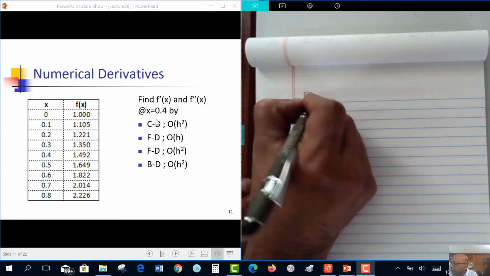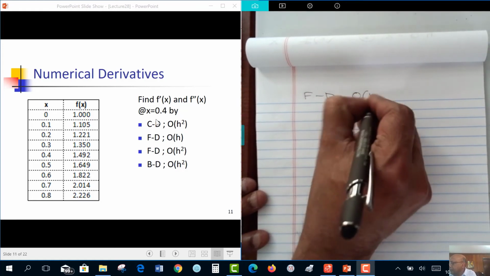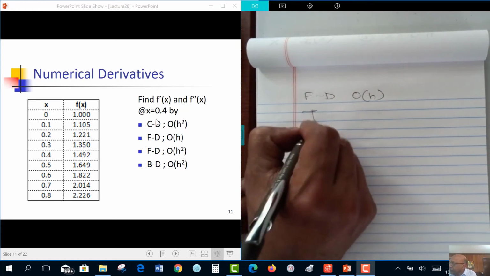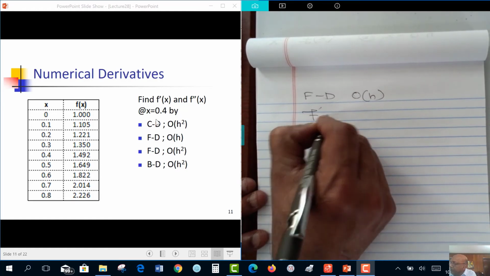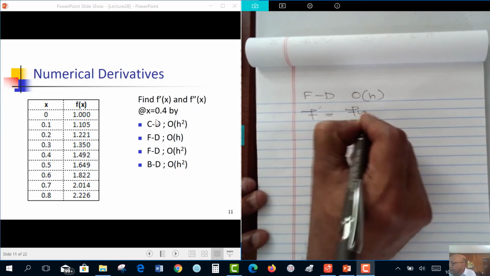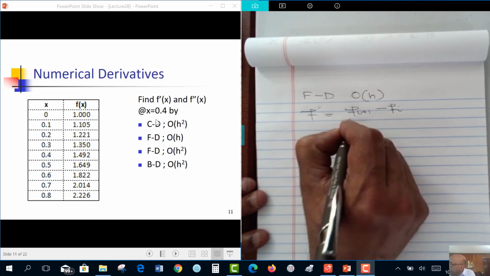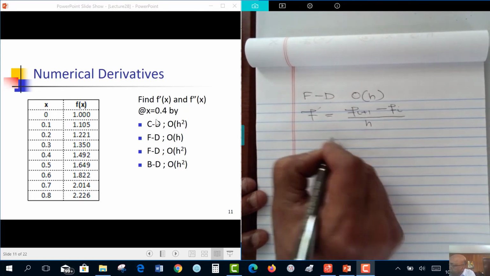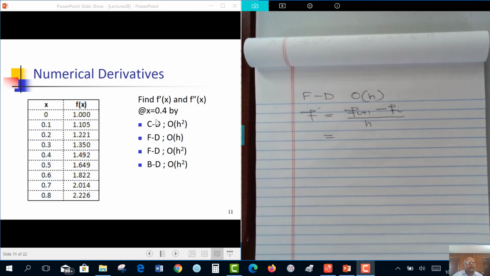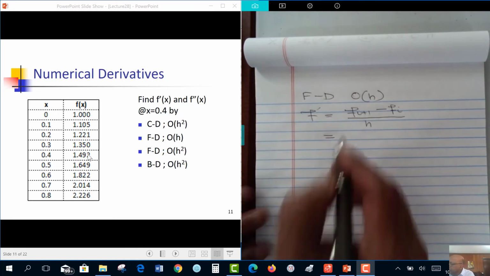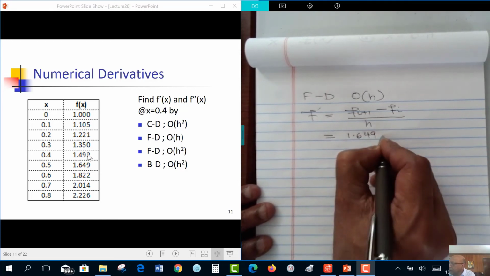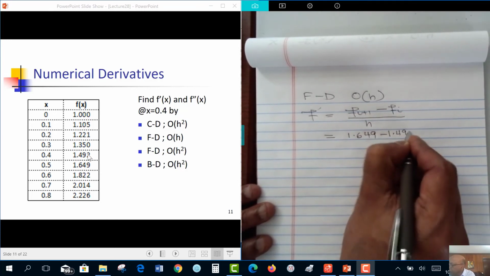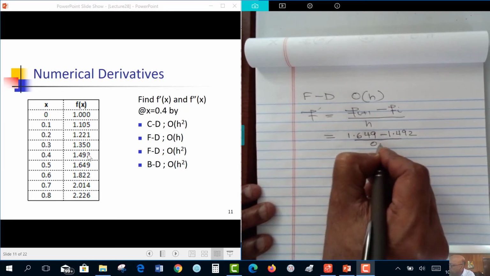Let's see forward difference, order h. The first derivative is (fi plus 1 minus fi) divided by h. So in our table, this is our fi, remember, fi plus 1 is next, 1.649 minus 1.492, divided by 0.1.